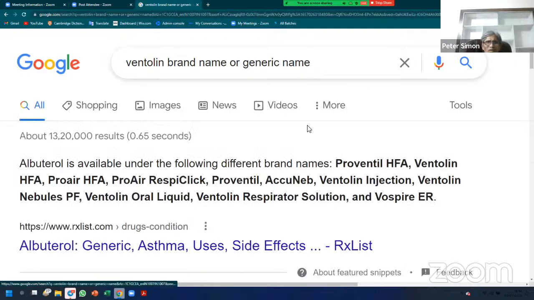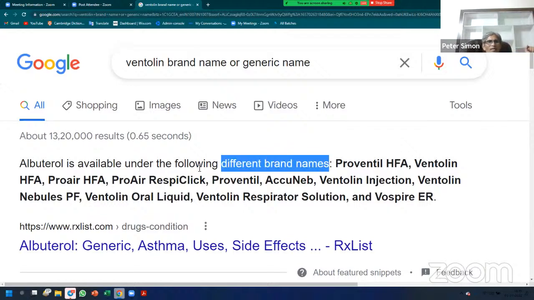Okay. Albuterol is the generic name. Ventolin is a brand name. There are different brand names, and the generic name is albuterol.